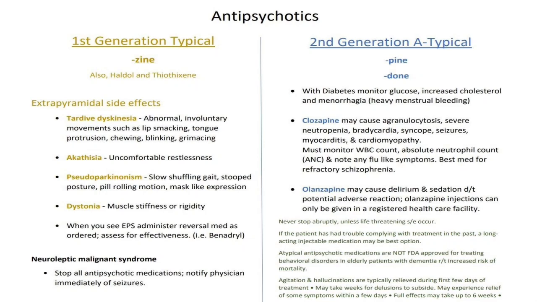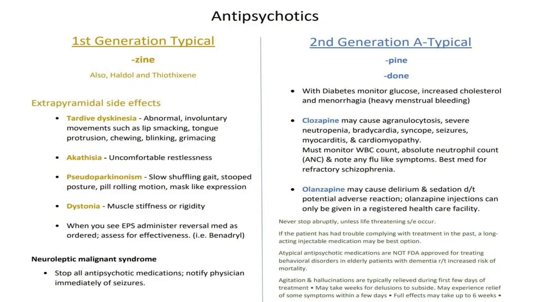When you see these extrapyramidal symptoms, administer reversal medication as ordered. An example would be Benadryl, which is very effective at reversing these side effects. You do need to know what these side effects are and how to identify them. These first generation medications can also cause something called neuroleptic malignant syndrome.